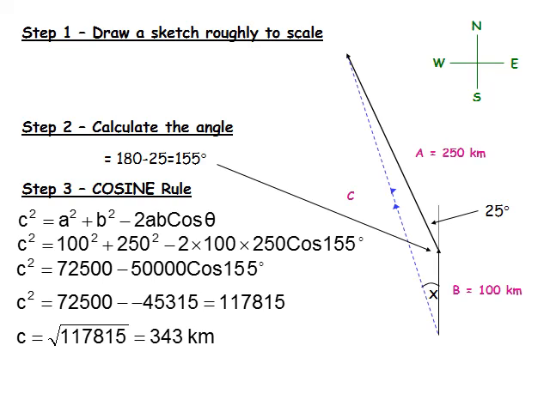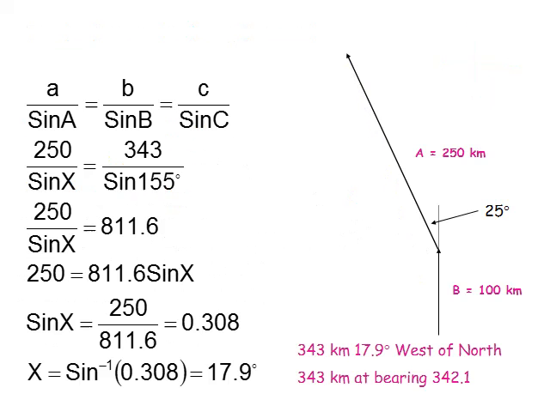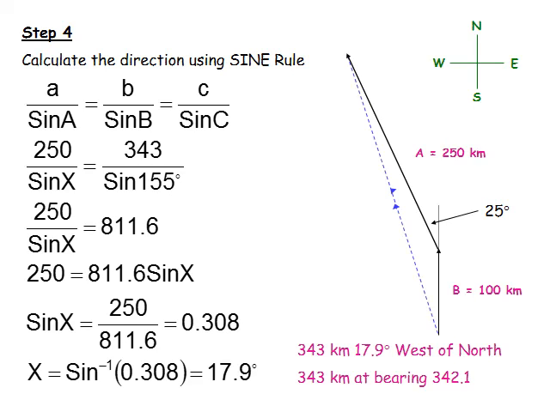You will get the same answer, but you are more likely to make a mistake when you're working through your answer, so I would recommend the scale diagram approach. To work out the direction, you need to use the sine rule: A over sine A is B over sine B. We need to put our resultant on the diagram there, and then you can work out that angle.